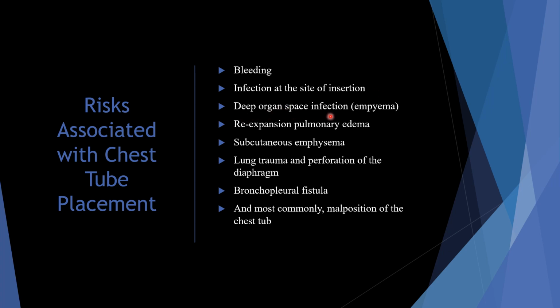That's where that infection gets down into that pleural space and causes some empyema on top of like a pneumo or something. And I think this would probably be potentially related to either poor insertion technique or patient management. And we'll talk more about that.